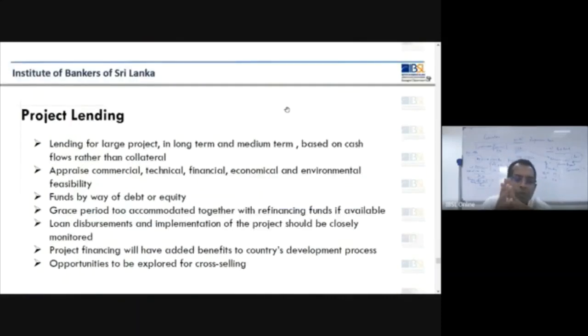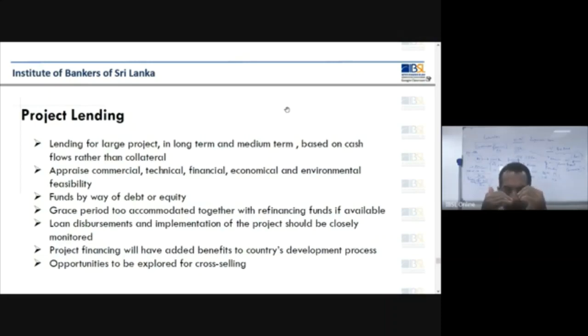Then we come to project loans. Project loans are where we fund projects based on future projected cash flows rather than looking at the sponsors and the wealth of the sponsors. Like we are going to do a hydro power project. Phoenix and Haley's are investing in this project.